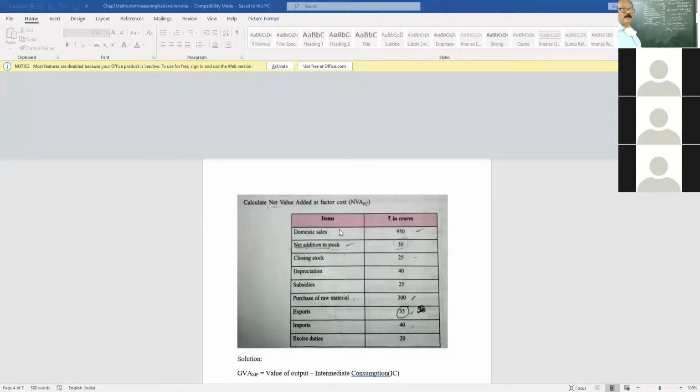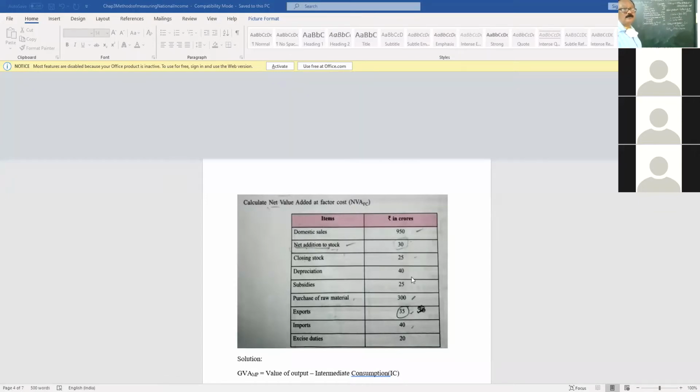Items given. Domestic sales 950. Net addition to stock 30. Closing stock 25.